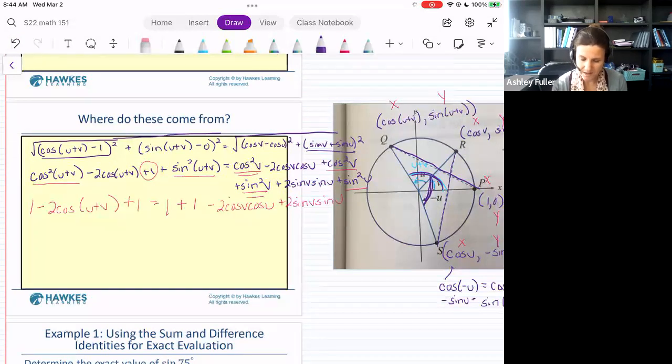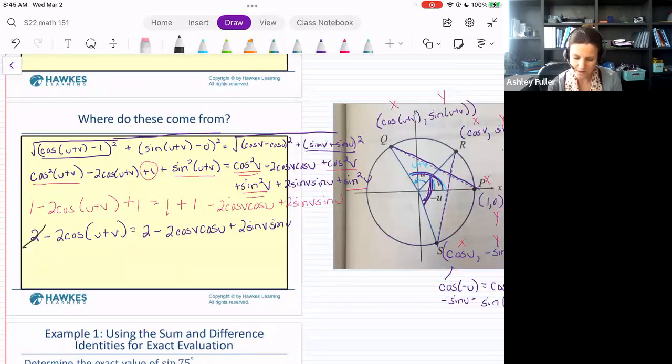Now when we simplify, I end up with 2 minus 2 cosine of u plus v equals 2 minus 2 cosine of v cosine of u plus 2 sine of v sine of u.